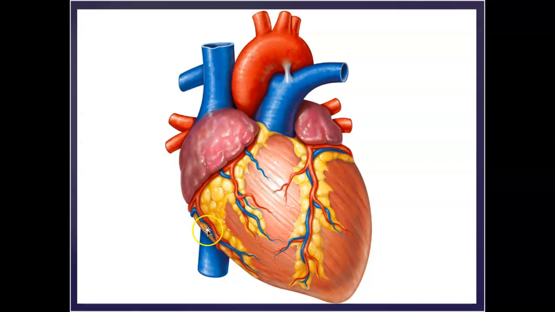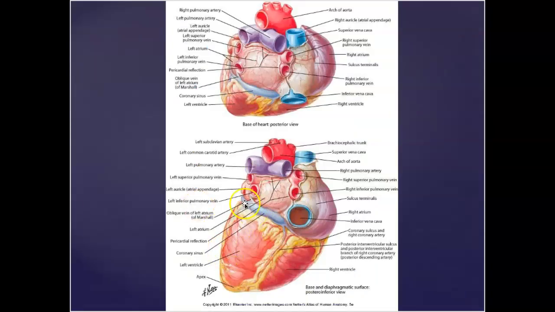There's a smaller one on the outside here on the right side, the small. And if you imagine being able to see through this heart, you'd see that posterior interventricular artery right about here. It's in the middle of the great and small. So that's why they call it the middle cardiac vein. And that's the venous return that will all flow, again, back into this coronary sinus, which is one of the three pipes entering the right atrium.